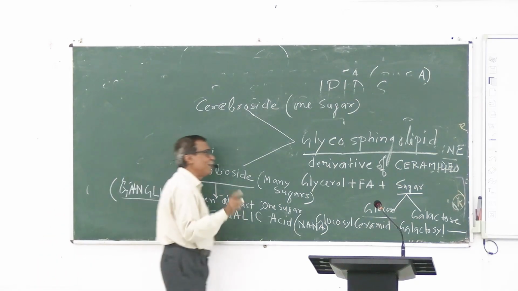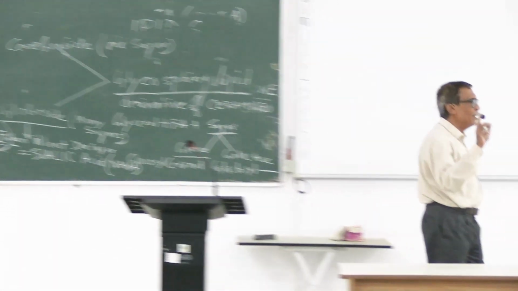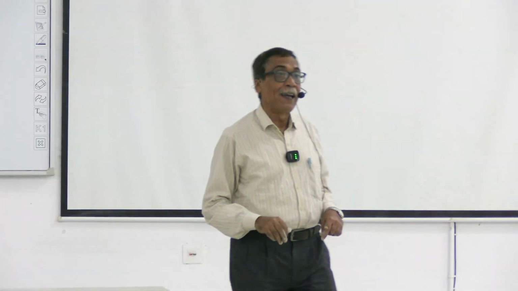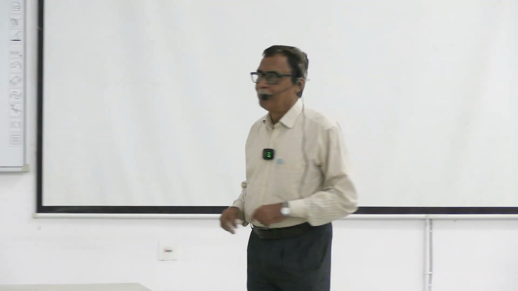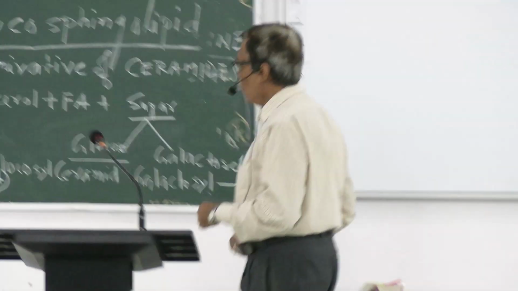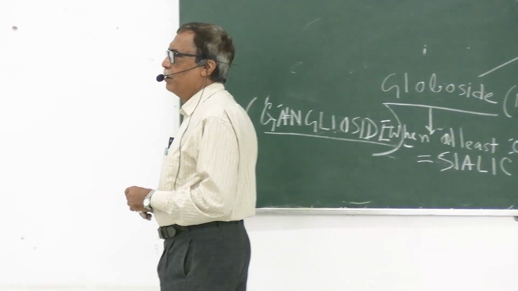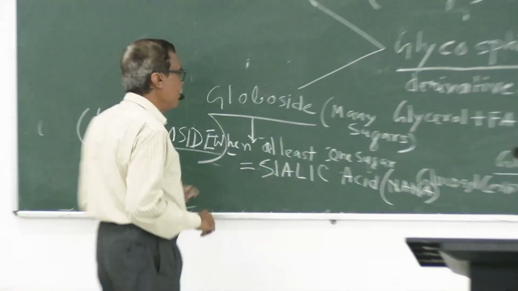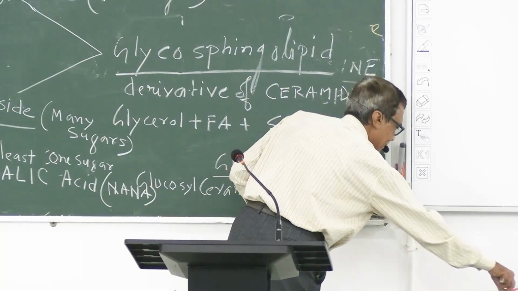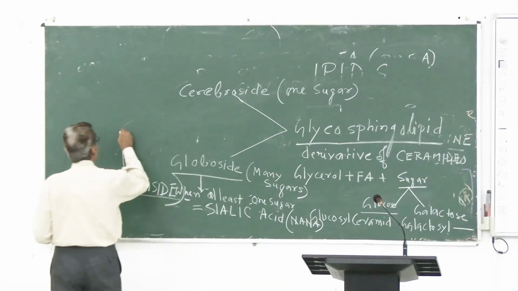Ganglioside is the special variety of the globoside when at least 1 of the many sugars is sialic acid. So the gangliosides are the most complex glycolipids, and one of the important gangliosides in our body is GM1.